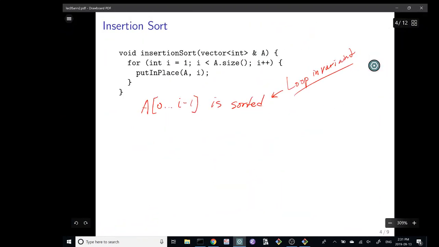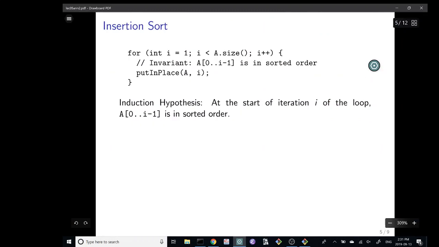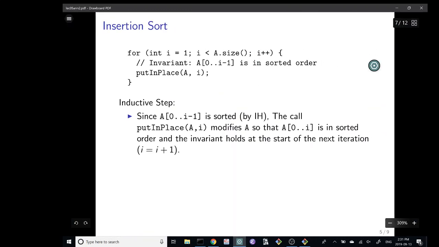Okay, so we're back to trying to use the correctness of put in place, which we've just assumed is working perfectly fine. We're back to using that in order to show that we can go from the inductive hypothesis that A[0] through I minus 1 is sorted to the next iteration of the loop invariant, which is that A[0] through I is in sorted order.